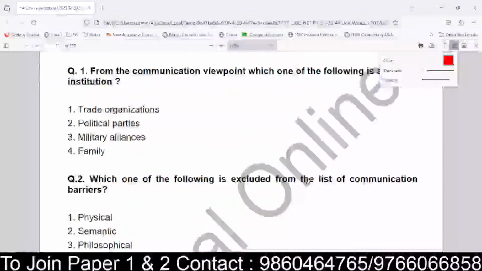From the communication viewpoint, which of the following is considered a cultural institution? Trade organizations, political parties, military alliances or family? Which will be considered as the cultural institutions?